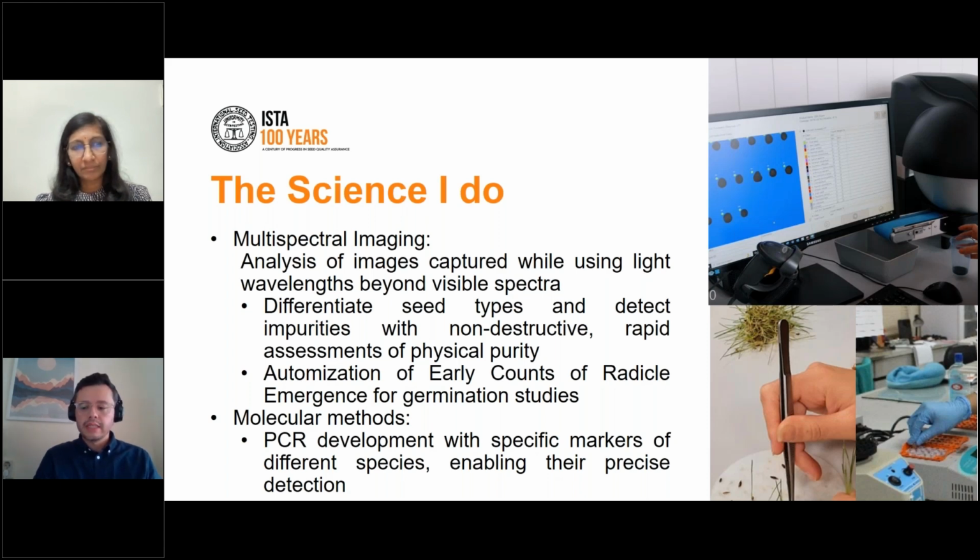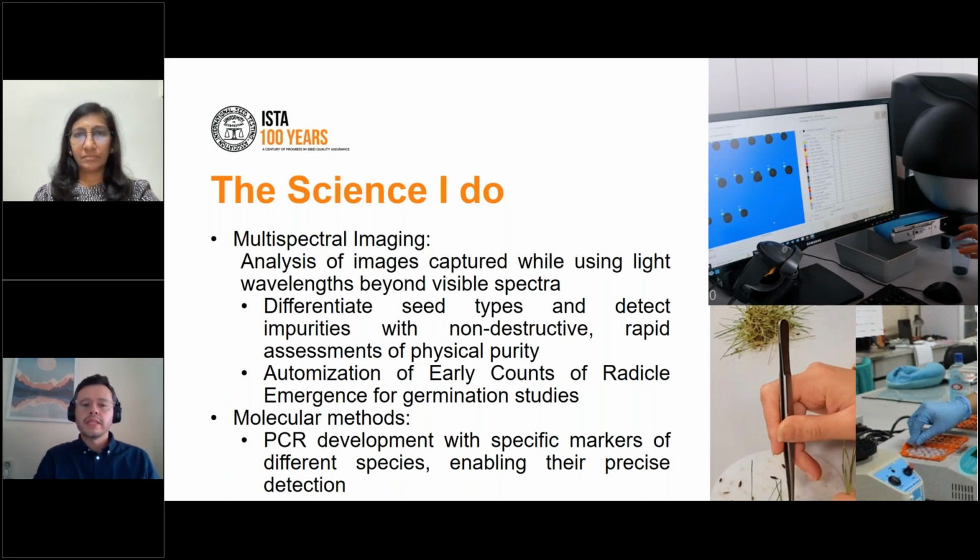The idea of this analysis is to differentiate seed types and detect impurities, and the possibility with this kind of tool is that it's non-invasive, non-destructive, and the analysis can be completed quite fast. So that is linked to the studies on purity.